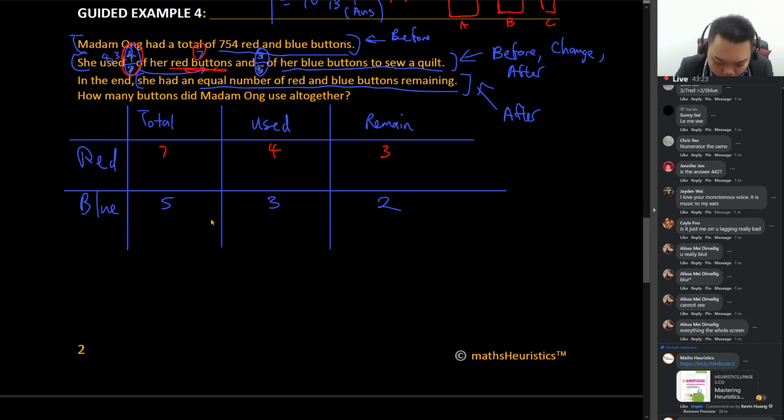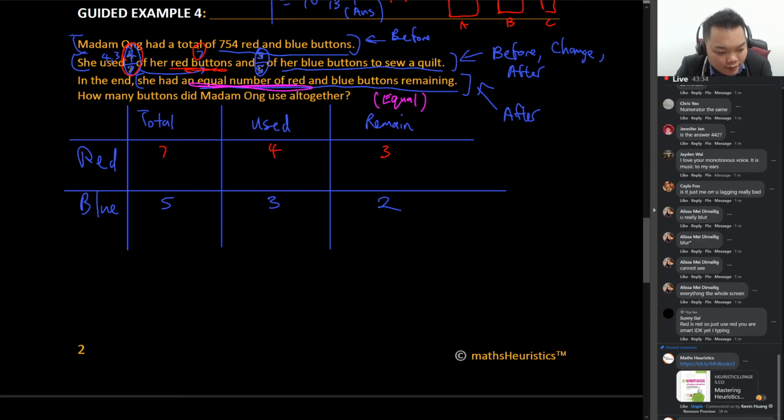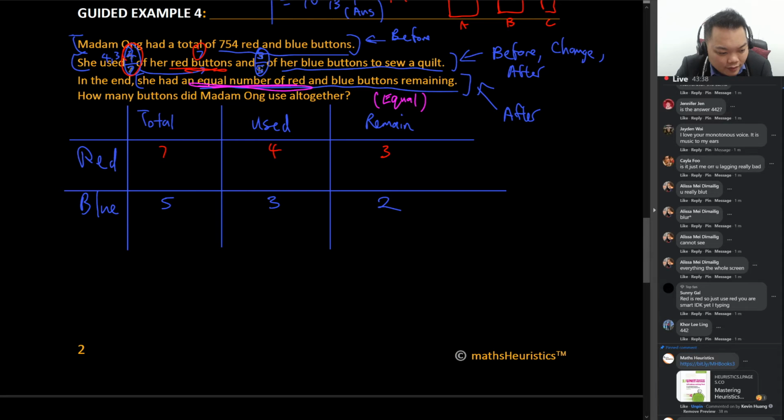Okay, so once you got this ready, you can see that you had an equal number of red and blue buttons remaining. Anyway, 3 red blocks represents the same amount as 2 blue blocks.